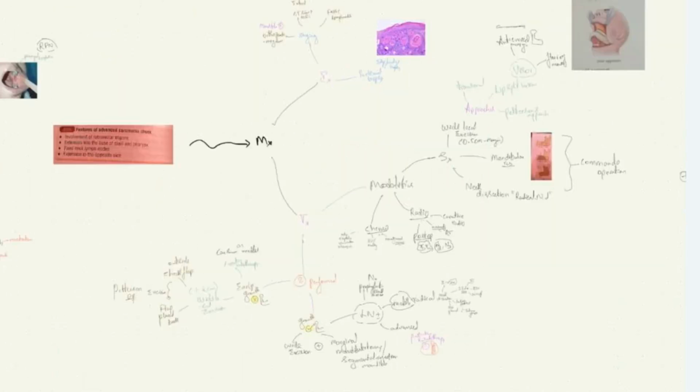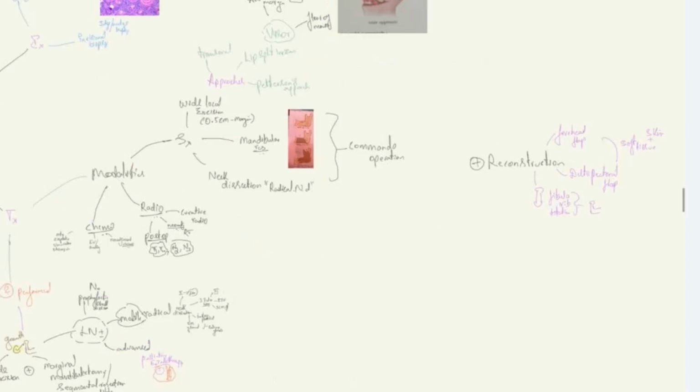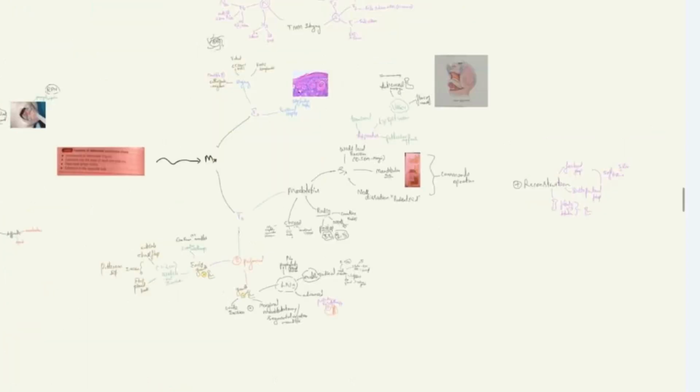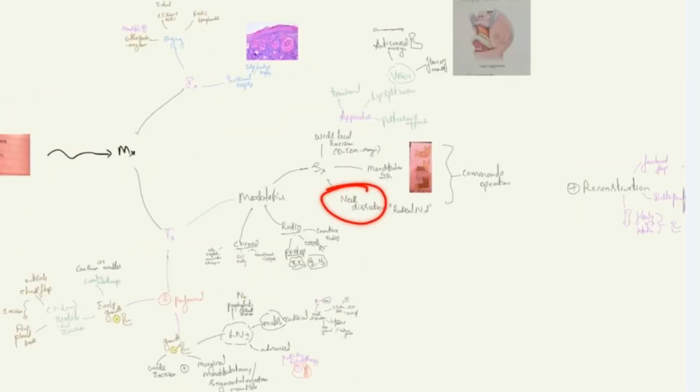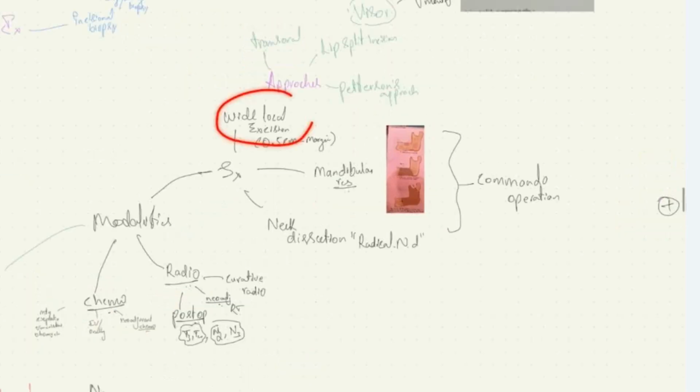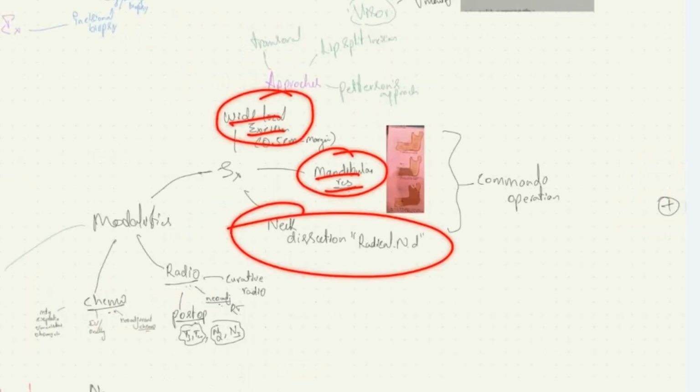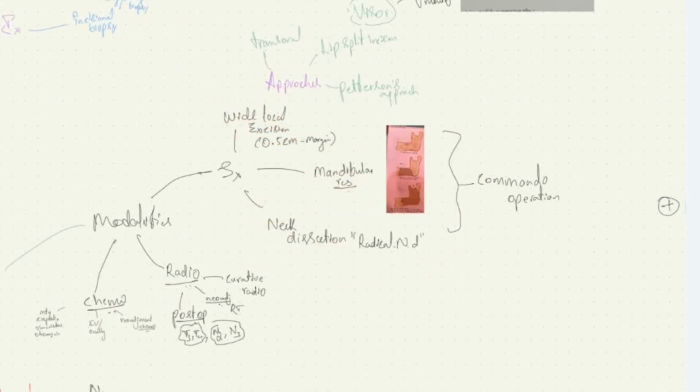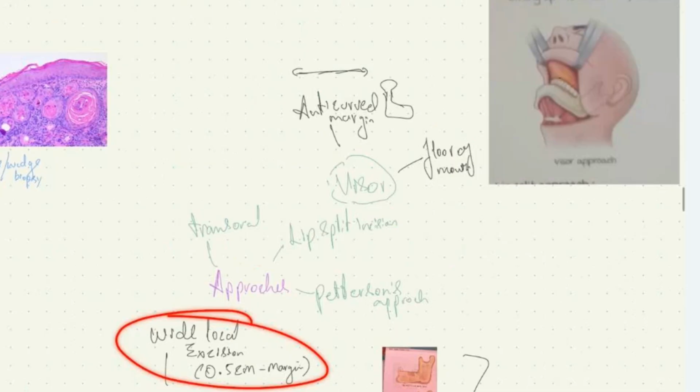If the mandible is involved, we do mandibular resection. If there is involvement of lymph nodes, we do neck dissection, that is radical neck dissection. If all these three things, that is wide local excision, mandibular resection, and neck dissection are performed, it is called as commando operation.